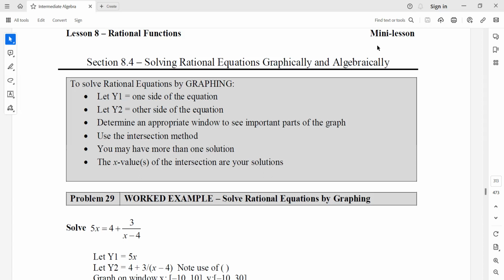Now, if we look at these rules here, you would see that these rules look familiar.